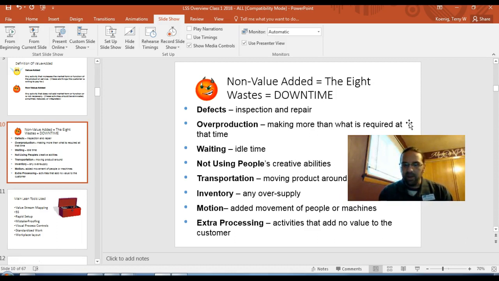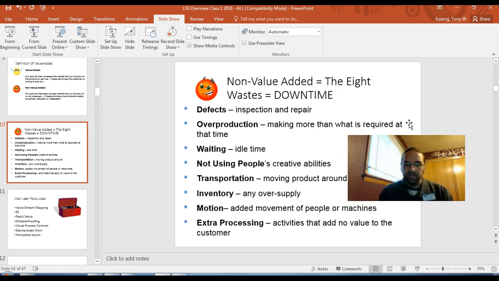Transportation, moving product around, similar to the Sargento truck issue, whether it's trucking, forklifting, any type of transportation, inside or outside of a facility. Inventory, any oversupply. Most companies run on some sort of warehouse. Very few are done perfectly just in time. That there's some inventory. All that inventory is non-value add.